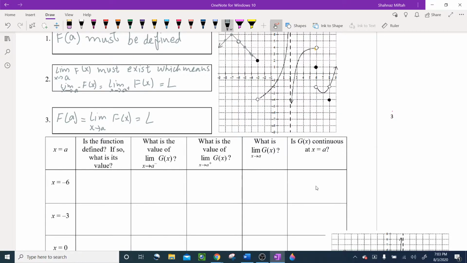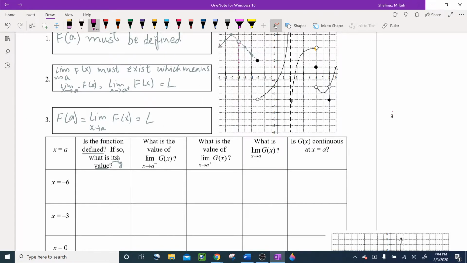Okay, I'm going to fill out the table. They said x equal -6. Is the function defined? If so, what is its value? Defined means when it's a closed circle, and what is its value, which means I'm looking for a y value when I plug in -6. So this is my -6, right there. No, that's -5, sorry. This is -6 right there. So the y value at -6 is going to be undefined because it's a hole.